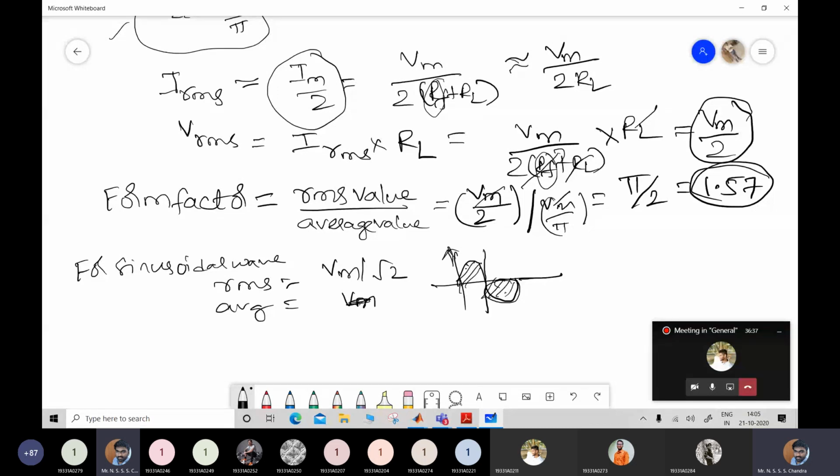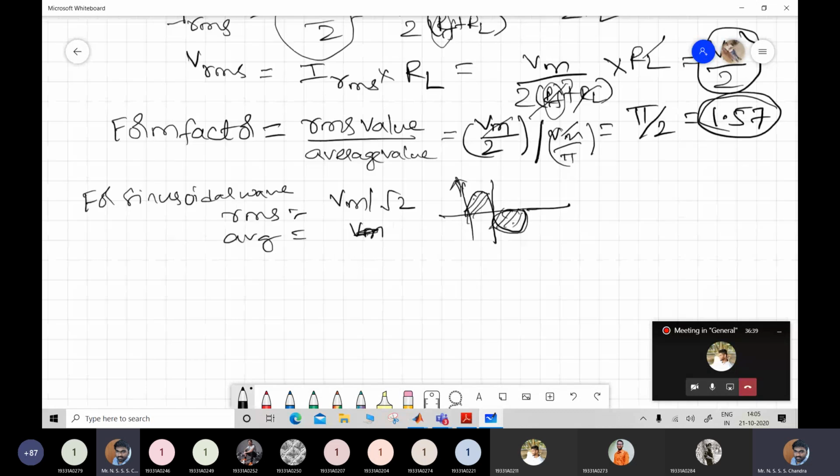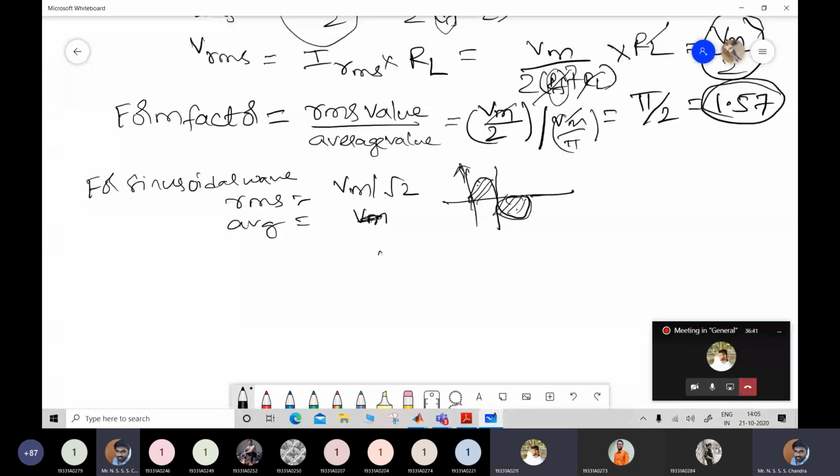So for the first half cycle, the integral is from 0 to pi, not 2 pi, because if we consider 0 to 2 pi, the average value will be equal to 0. So it is 1 by (pi minus 0) into the integral from 0 to pi of Vm sin theta d theta.